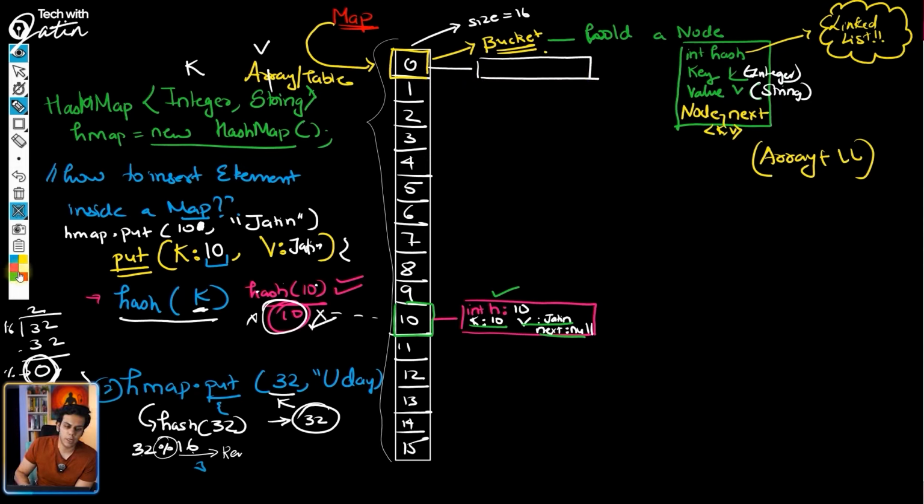And this particular node is going to have a lot of information: the hash of this particular key and value, which is 0. Hash is 0. What was the key? Key is 32. What is the value? You will say Uday. And do I have a next node right now? So, next right now is null.